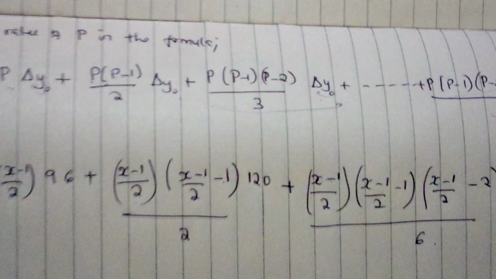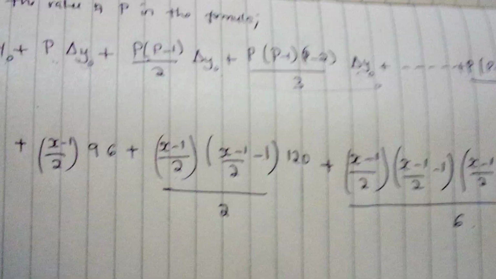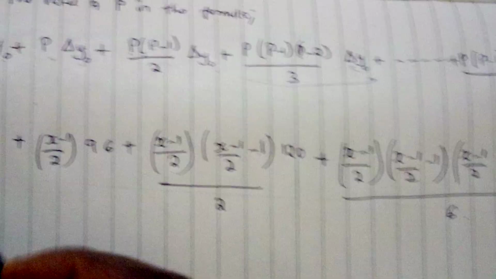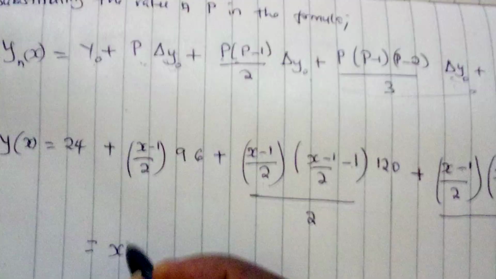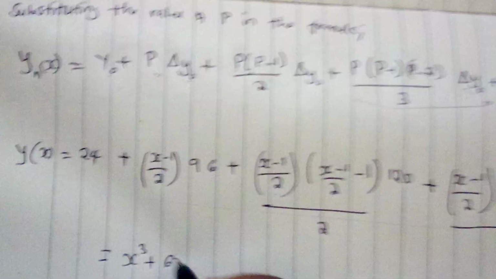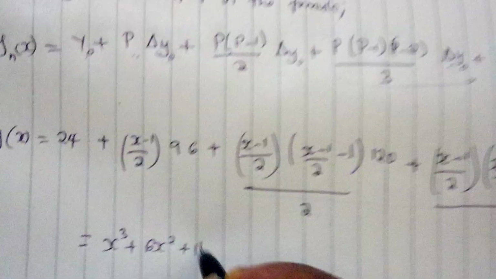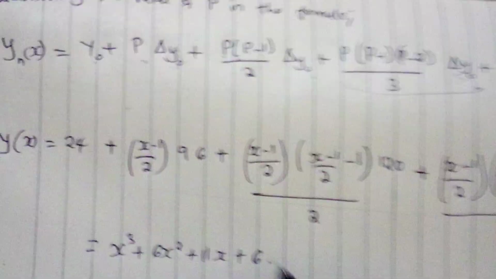So opening the brackets here, we are going to form an equation. When you open the bracket, we are going to have x cubic plus 6x squared plus 11x plus 6.